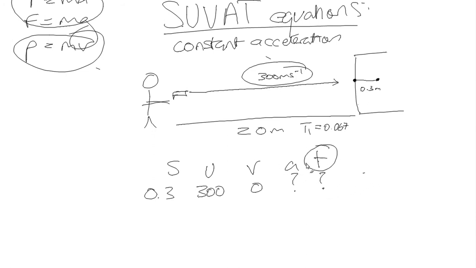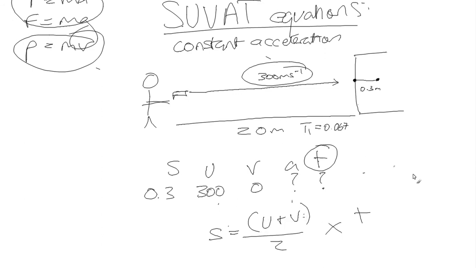So we're going to use a Suvat equation that involves time. And what Suvat equation involves S, U, V, and T? It's this one. S is equal to U plus V over 2 multiplied by T. And we know what U and V are. It's just 300 plus 0.